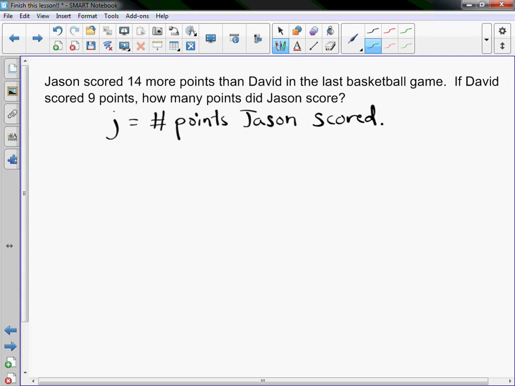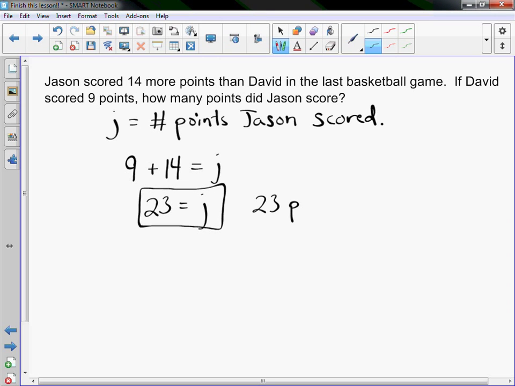So David's was 9, plus Jason's 14 more than David's, so plus the 14 gives you Jason's. And now we have an expression or an equation for Jason's scoring total. And now we can easily simplify this. 9 and 14 is 23. So Jason must have scored 23 points. Or 23 points with the correct label.